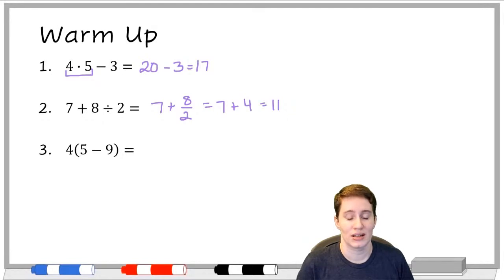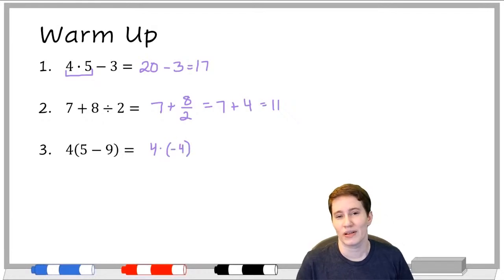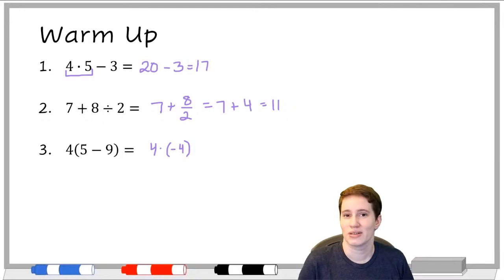But I'm just going to say, all right, parentheses, 5 minus 9 is negative 4. So I'm going to do 4 times negative 4. What's kind of weird is a lot of times we will put negative numbers in parentheses still. Part of that has to do with how we need the calculator to understand that we're talking about a negative number when we type things into it. And part of it, I think, just has to do with how nice it looks.